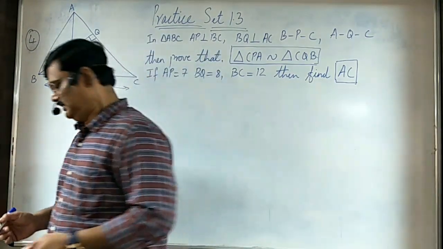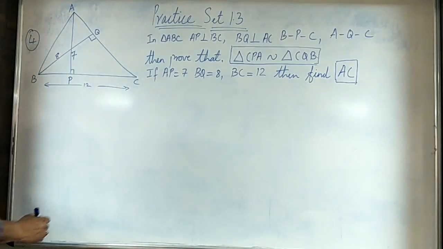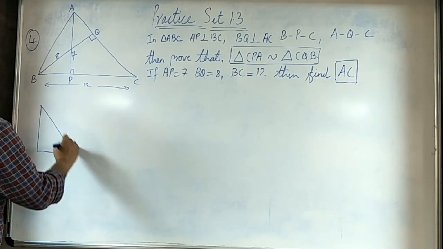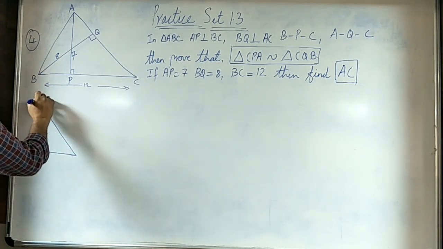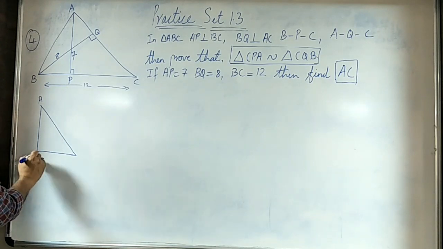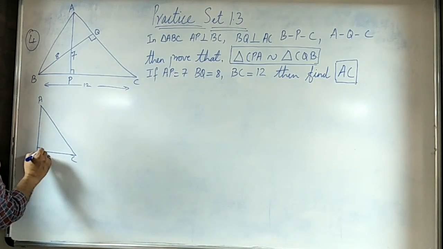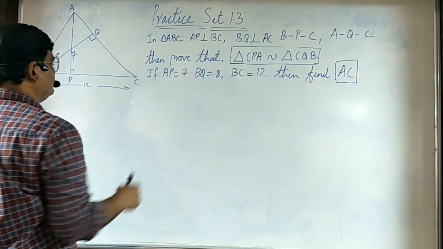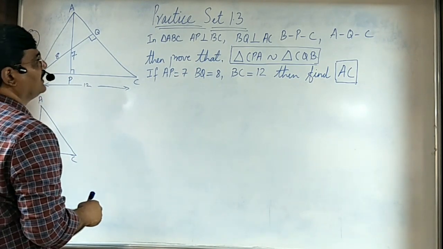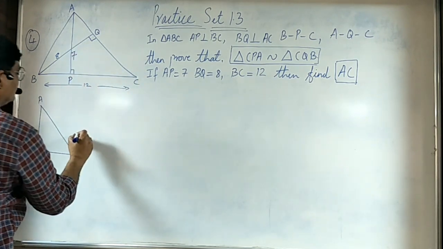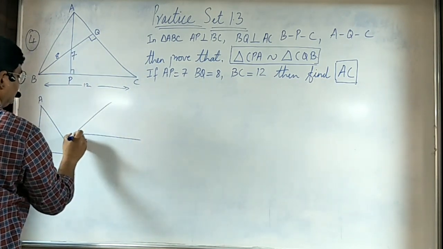Now if you check, I'm drawing a triangle. You can see this triangle, which is the triangle they told, triangle CPA. And one more triangle is there, that is your triangle CQB. If I go for triangle CQB, it will be this way.